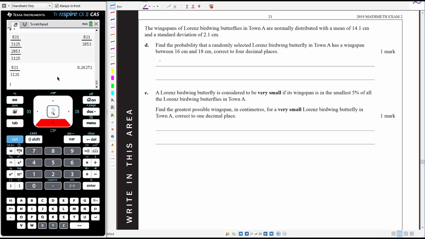What are we going to say? W is the wingspan in centimetres. W is distributed normally with a mean of 14.1 and a standard deviation of 2.1, so variance of 2.1 squared. And so then the probability that W is between, so bigger than 16 and less than 18, correct to 4 decimal places.